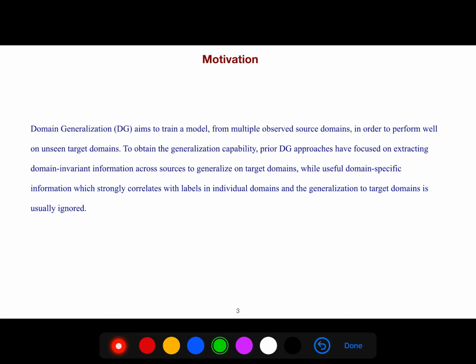So domain generalization aims to train a model from multiple observed source domains in order to perform well on unseen target domains. To obtain the generalization capability, prior domain generalization approaches have focused on extracting domain invariant information across sources to generalize on target domains, while useful domain-specific information, which strongly correlates with labels in individual domains and generalization to the target domain, is usually ignored.